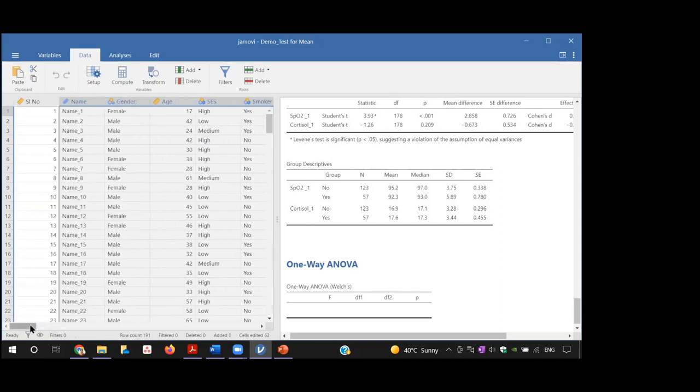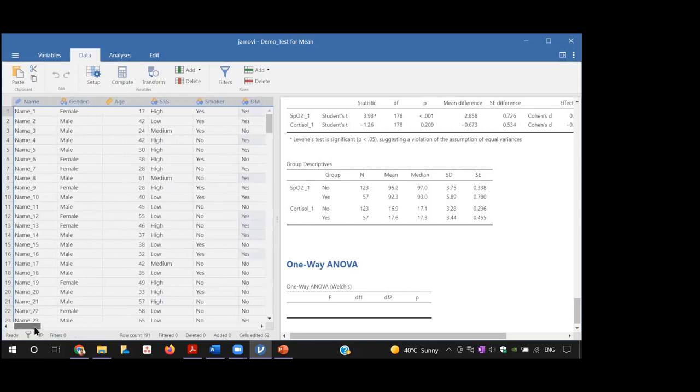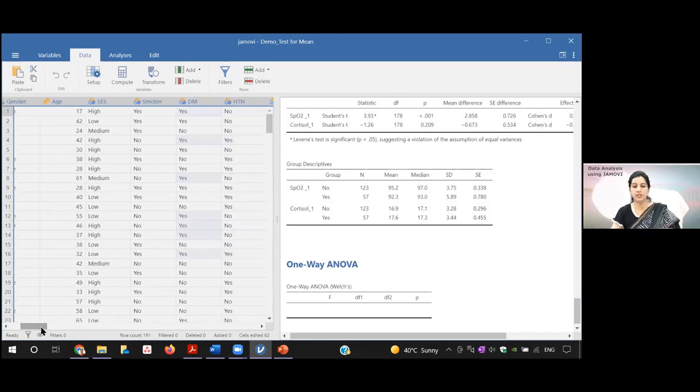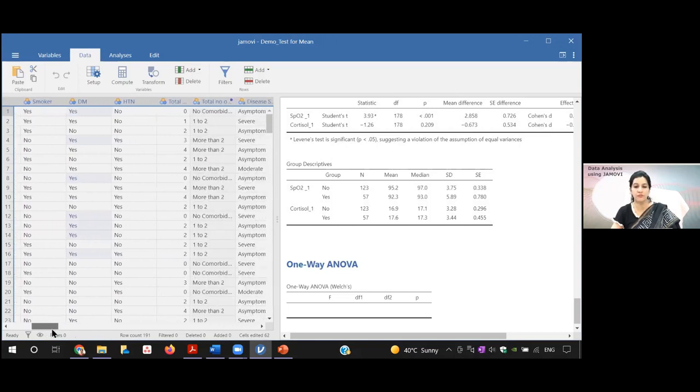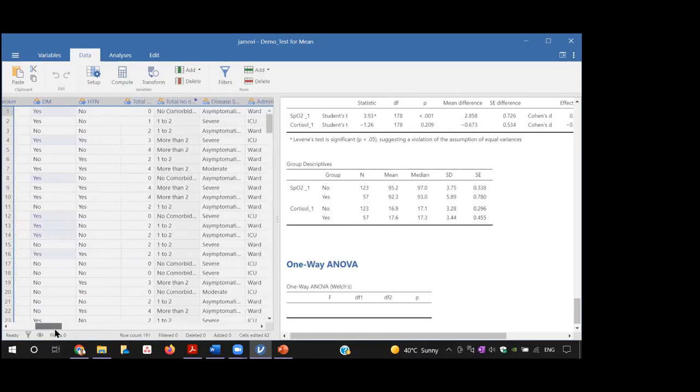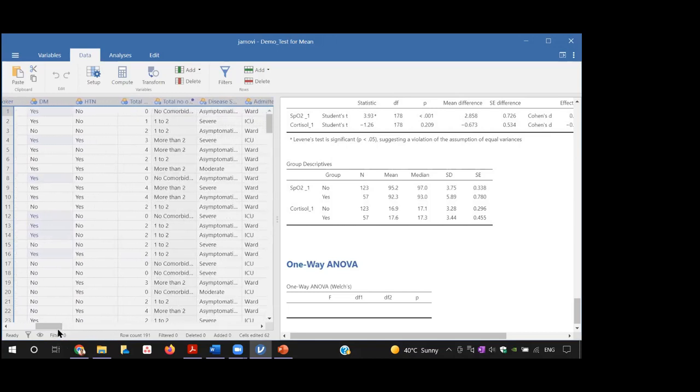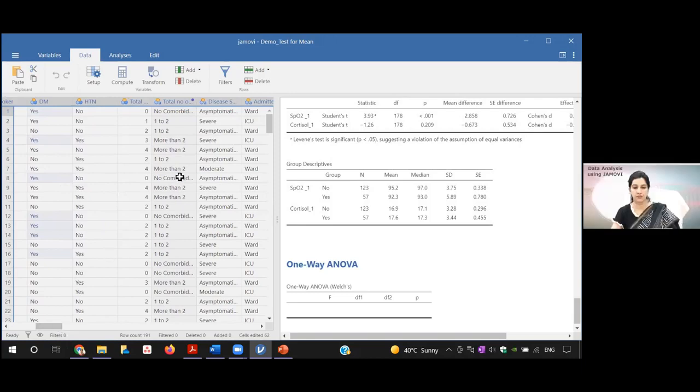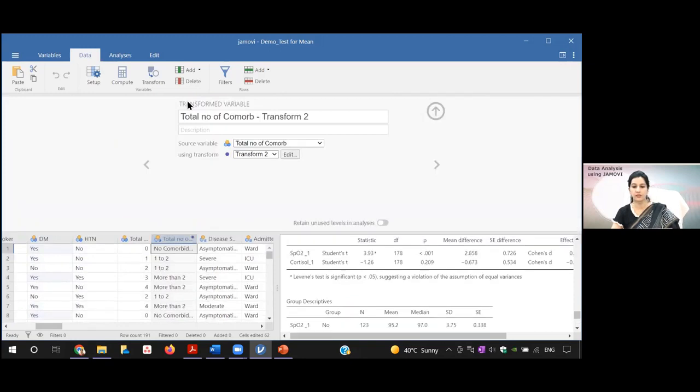Ma'am, I think it will be disease severity. Disease severity, let me check because there are 2 variables with this name. Or maybe total number of comorbidities also. We have 3 levels there. No comorbidity. More than 2. No, let me double check. No, this is the transformed one.